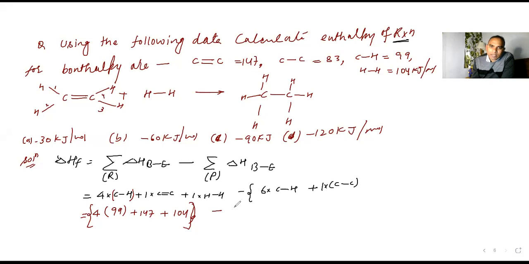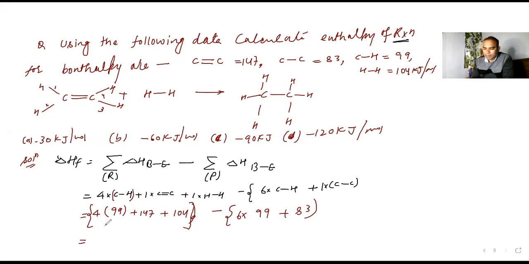Then 6 into CH bond: the CH energy is 99, so 6 into 99, plus 1 into C single bond C, which is 83. Now let us solve it.